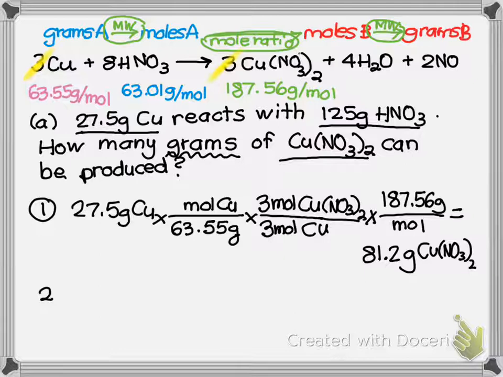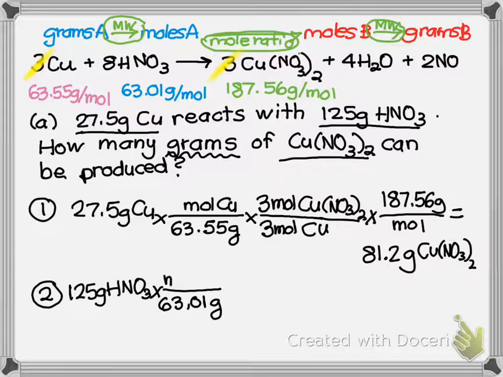So now I'm going to compare that, though they also told me I had 125 grams of nitric acid. And so I want to find out, well, how many grams would that make? So again, the molar mass of the nitric acid, that's what this is. I calculated this before I set up the problem. And then I need the ratio.